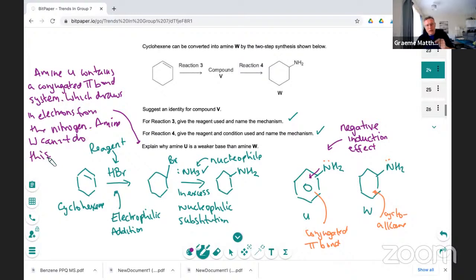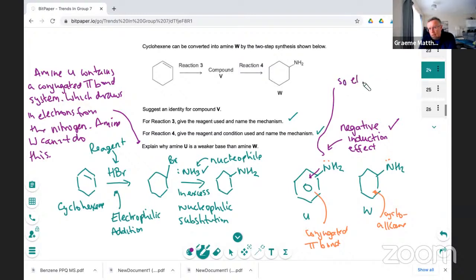Because it's got a conjugated pi bond system, this means that the electrons are going to flow from the nitrogen down to the ring system, negative induction effect, second point. And then you've got to add your third point, like so what, and I'll write it up here like this.